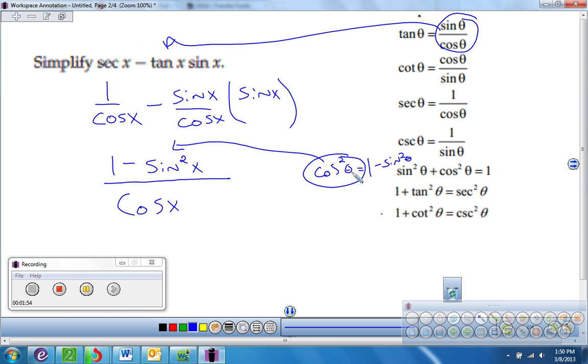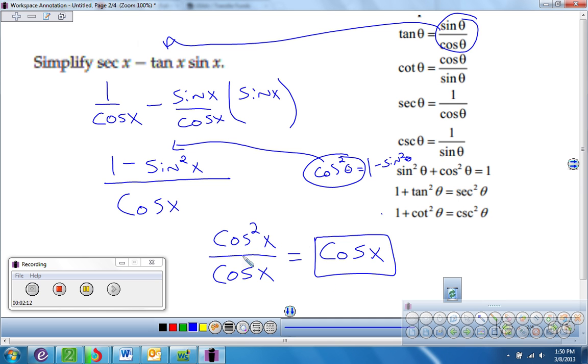Again, I'm going to use the variable x in this case. So I have cosine squared x over cosine x. Now I have cosine squared over cosine, so I can reduce this to just cosine x. So we've simplified that. This is just like having x squared over x and simplifying it that way.